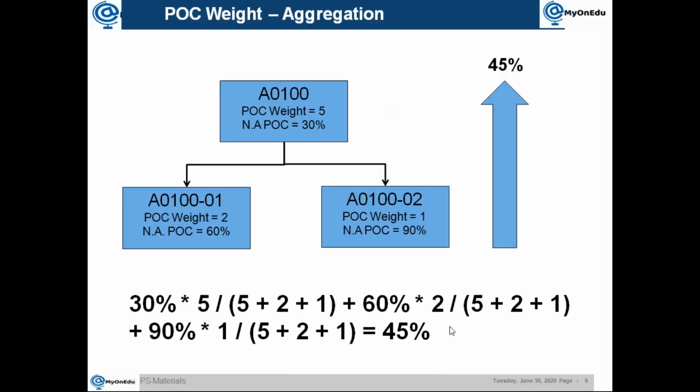So this is what you need to do. Sometimes, when you execute the POC, you may find that the POC is not aggregating. So you need to see the POC weight setting in the configuration: whether you can give the POC weight manually, or you want the system to calculate it.